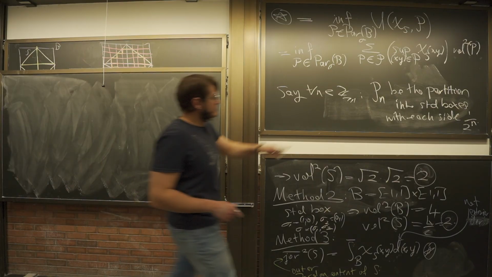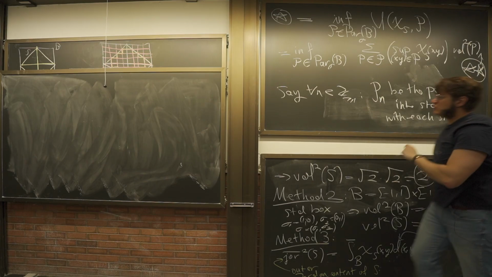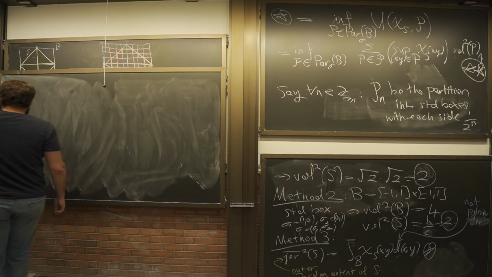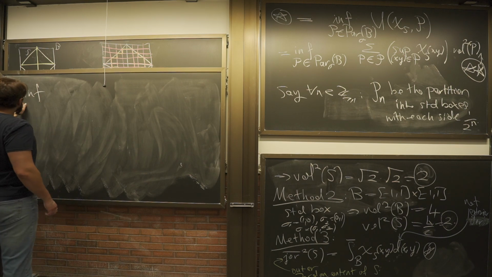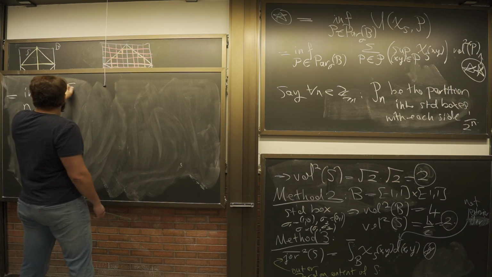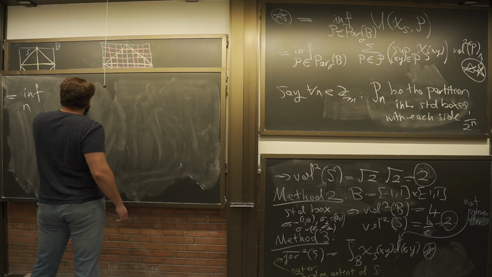So double star, this guy is equal to the infimum over n, p coming from this particular partition, p sub n.